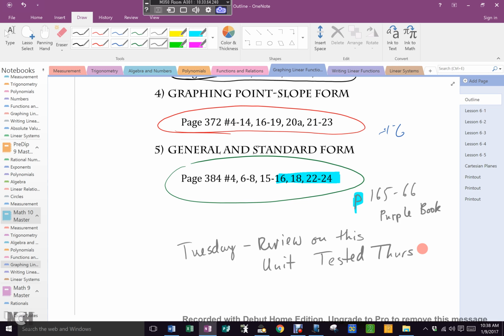Now, we should have finished that last unit this Friday, right? But we lost 5 days. That should have been my review time. Sorry. But remember, the exam week, the mornings are X blocks.